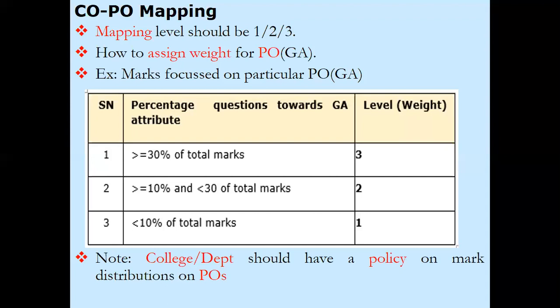For example, if the marks on a particular graduate attribute, in the sense PO, are more than 40% of the total marks, then you allocate weight 3, in the sense level 3. If they are between 10% and 30% of the total marks, then level is 2. Less than 10% of the total marks, then weightage is 1.